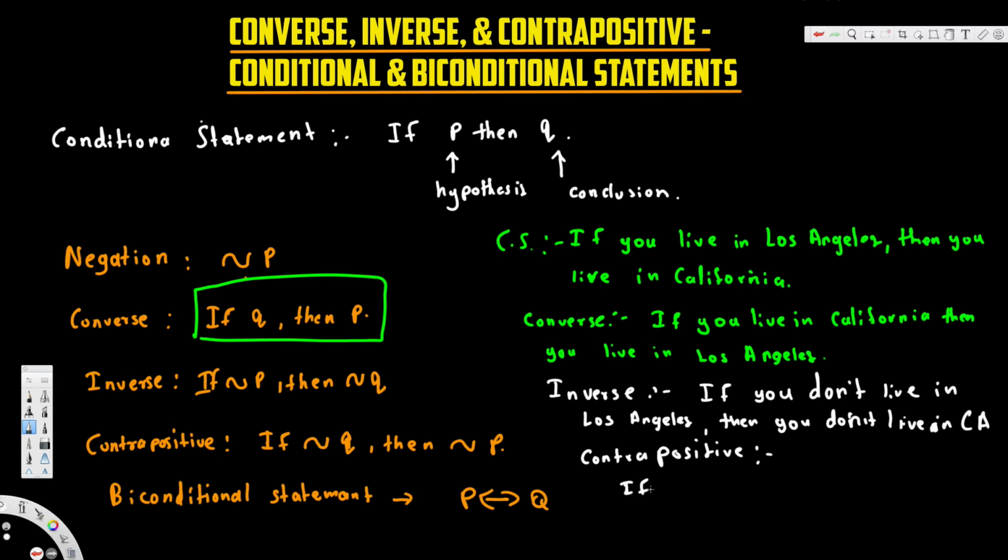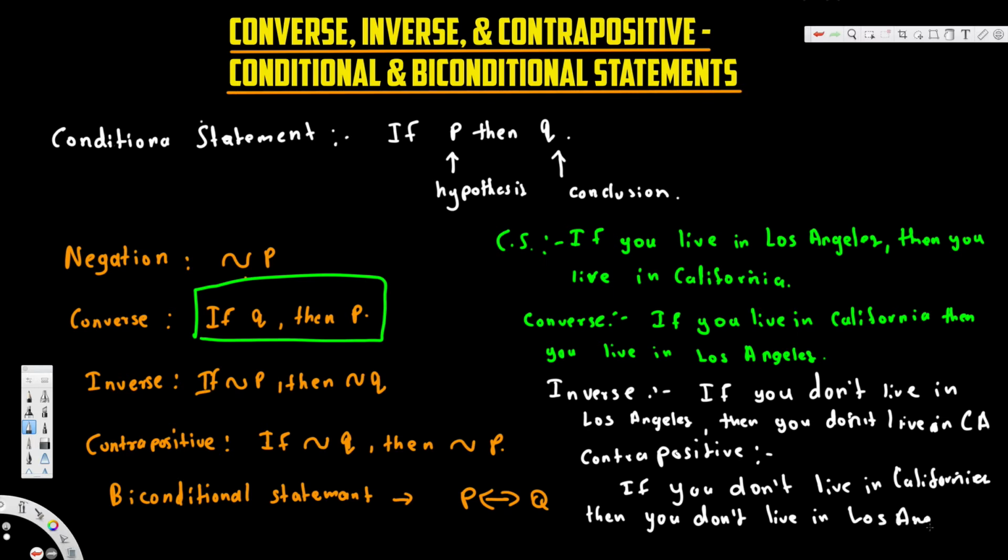Contrapositive: if you don't live in California, then you don't live in Los Angeles. So this is the contrapositive, and that's it.